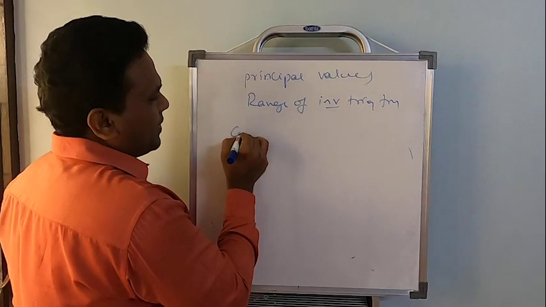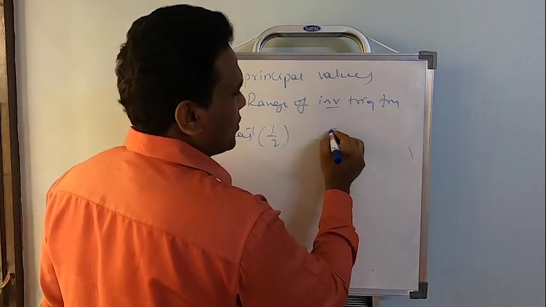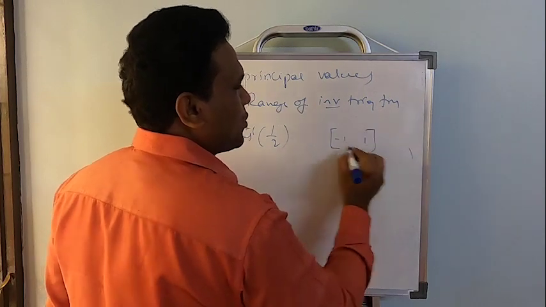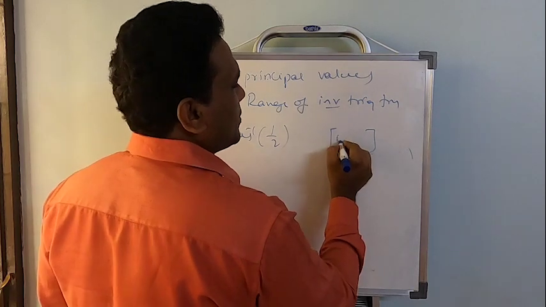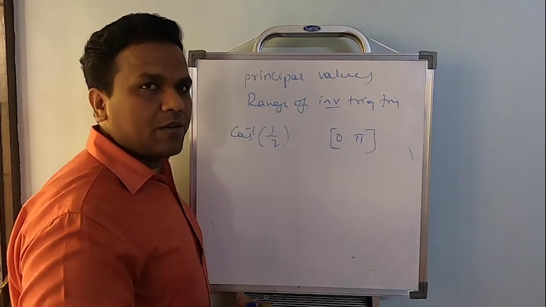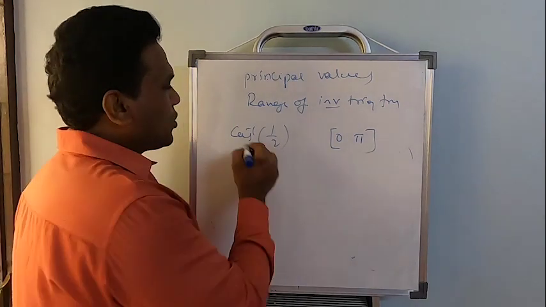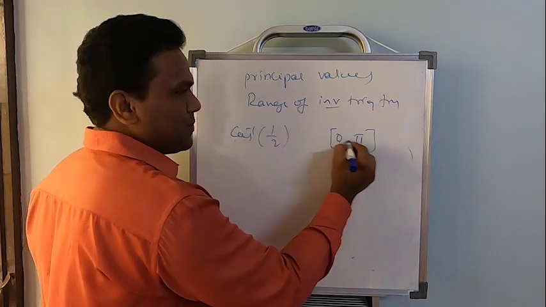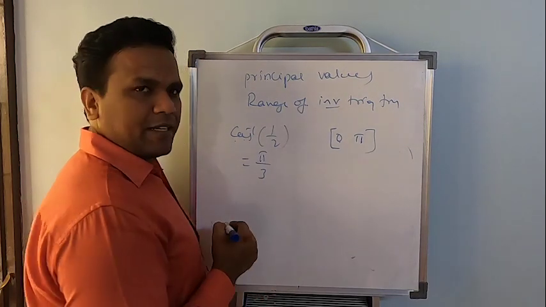For example, we have cos inverse of 1 by 2. What is the range of cos inverse? Sorry, not minus 1 to 1, it's going to be 0 comma pi. This was the range. The domain was minus 1 to 1. So any value of cos inverse which lies between 0 comma pi we need to obtain, and this simply is nothing but pi by 3.